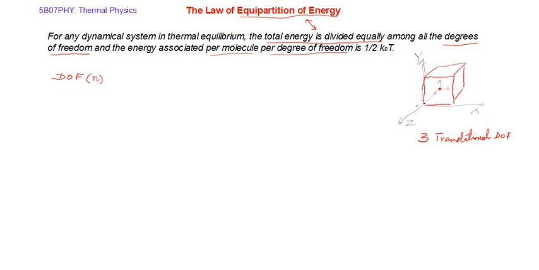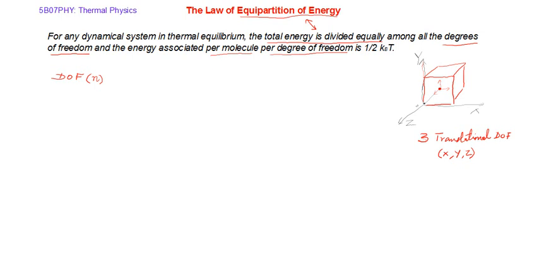Now suppose this molecule has 3 translational degrees of freedom, one along the x-axis, one along the y-axis, and one along the z-axis. What that means is that in order to describe the motion of this atom inside the box, we need 3 coordinates: the x coordinate, the y coordinate, and also the z coordinate.